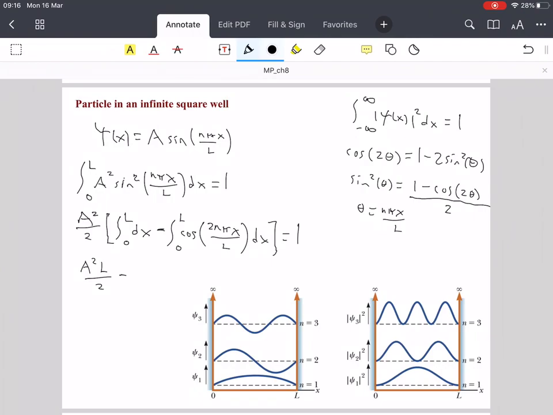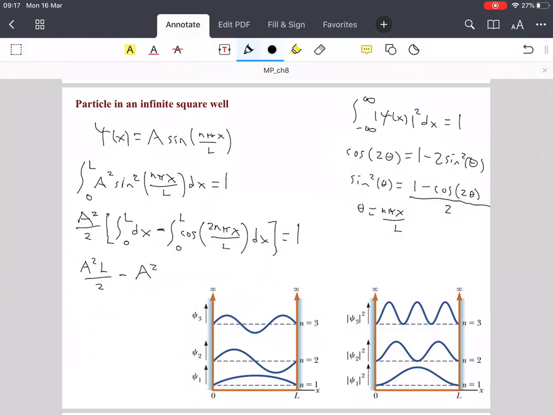The second one is a little bit more tricky because you actually have to use substitution, since the cosine argument is n pi x over L, and we're integrating over x, so the 2n pi over L comes out.